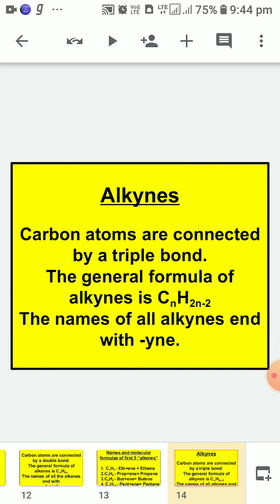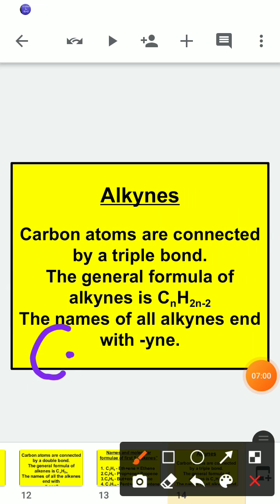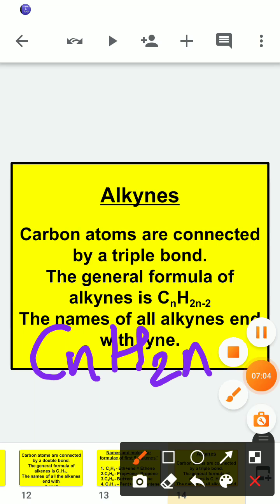Alkynes. In alkynes carbon atoms are connected by a triple bond, and the general formula of alkynes is CnH2n-2. How do you get this formula? You know the formula for alkenes. If we subtract 2 from alkenes, it converts into alkynes.